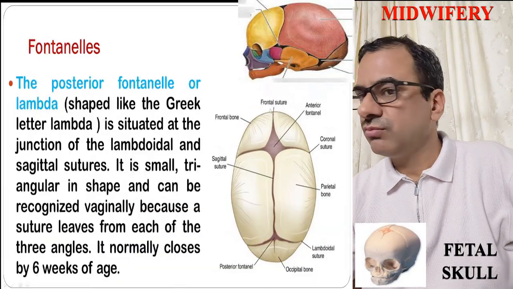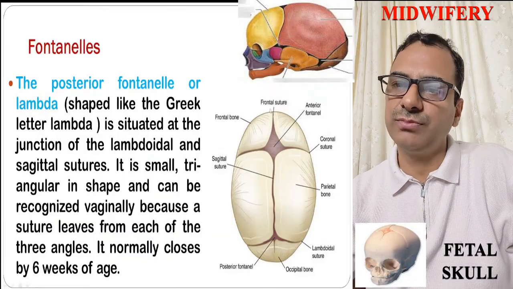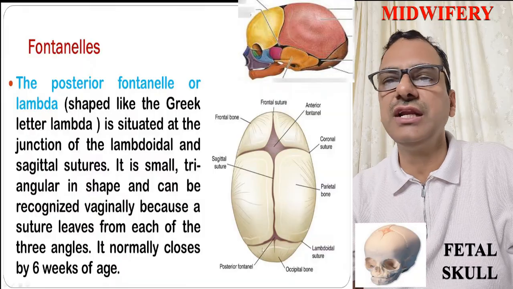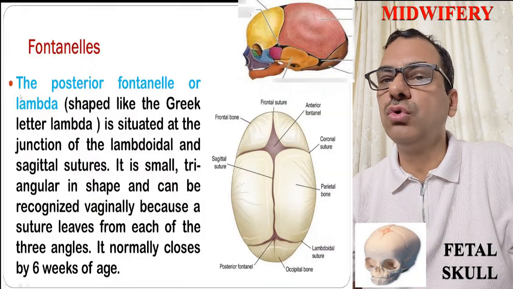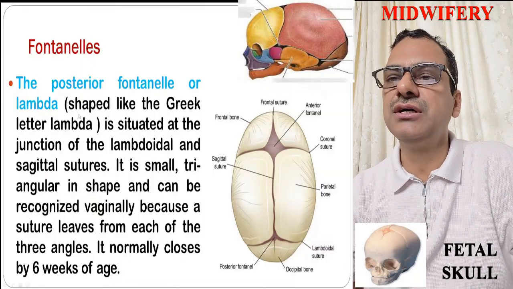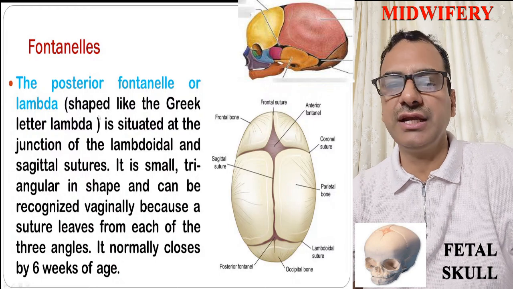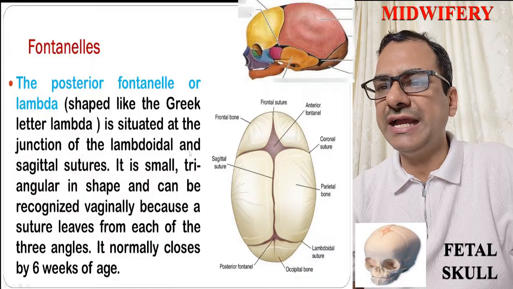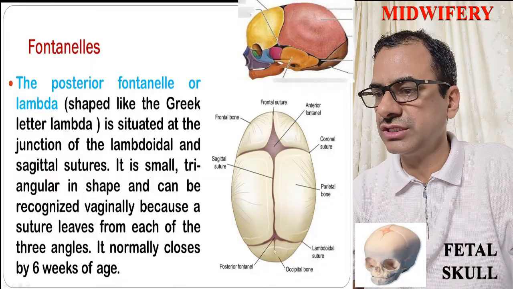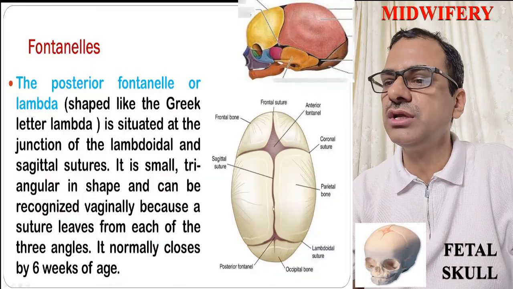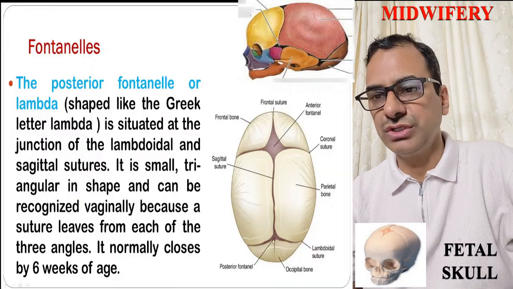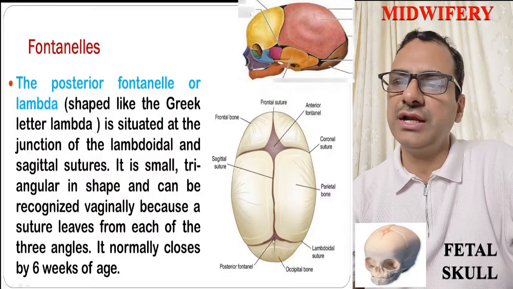Then there are two fontanelles, one posterior and one anterior. This is the posterior fontanelle. The posterior fontanelle is also known as lambda because it is shaped like the Greek letter lambda. It is situated at the junction of lambdoidal and sagittal sutures. So this is sagittal suture, this is lambdoidal suture, and at the meeting point there will be the posterior fontanelle or lambda.